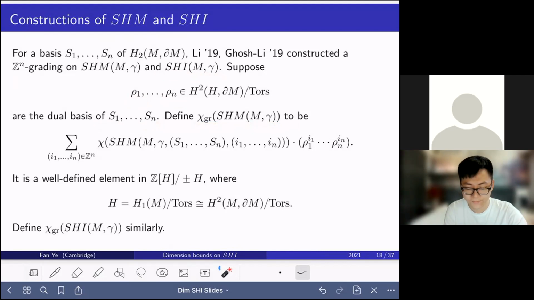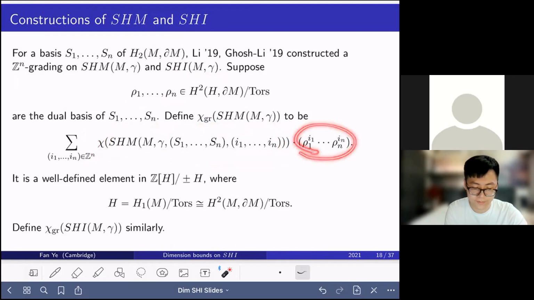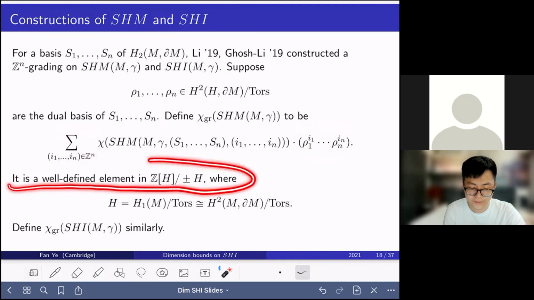We take the group in a specific grading, take chi, multiply it by the dual basis, and sum them up. This is a well-defined element in the group ring of ZH.